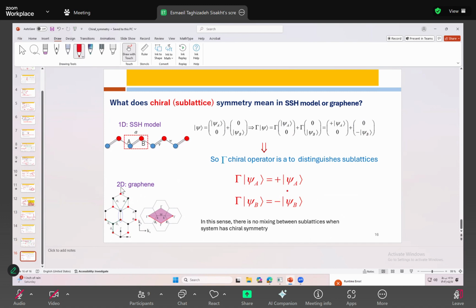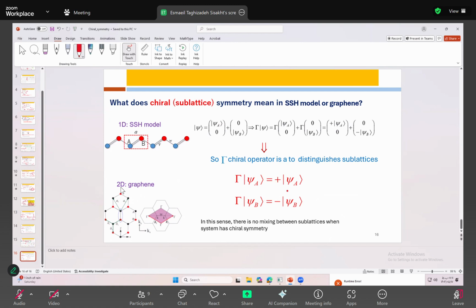And that's it. I want to say that in this way, the role of the chiral symmetry is just to distinguish the contribution of sublattice A or sublattice B, and in similarity with right-handed and left-handed, we call it chiral symmetry or sublattice symmetry.